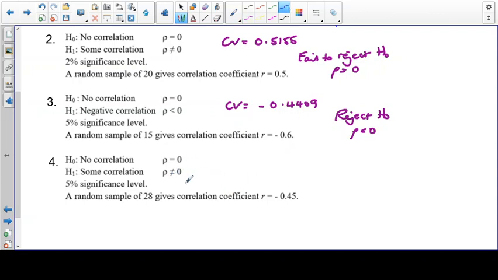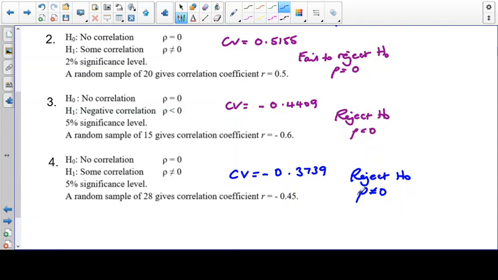And then the last one, two-tailed, 5%, so you're looking up at the 2.5% mark. Critical value, negative 0.3739. I've just taken the negative version because this is negative. Because your sample is more strongly correlated than the critical value, we can reject H0 and say that rho is not equal to 0.